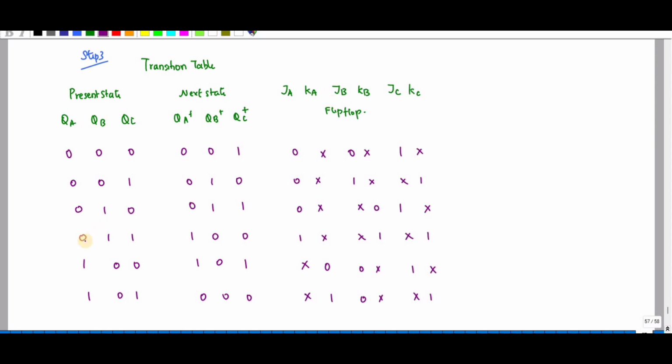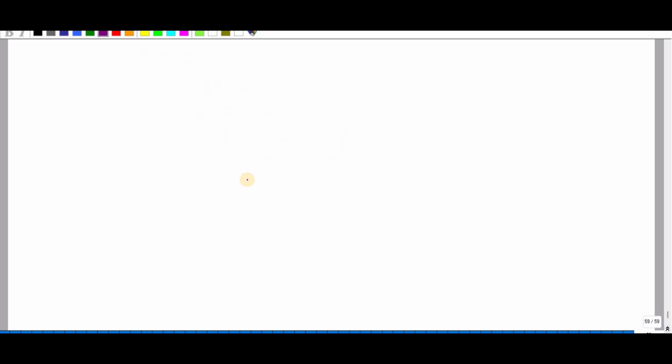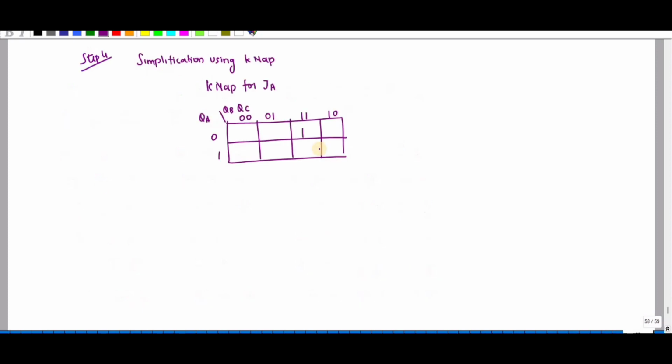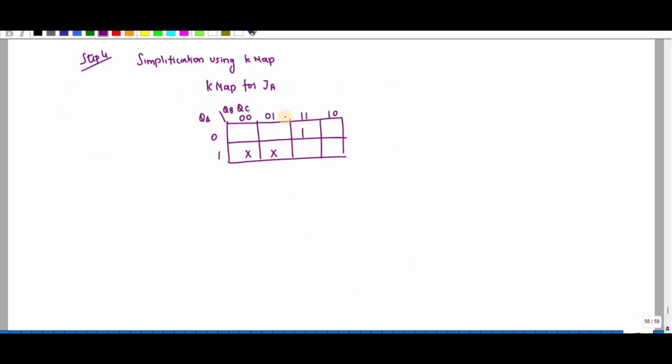So for 0 1 1, J is 1, and for 1 0 0 and 1 0 1 it is x. Okay, so if I group, I can group only this one. So what is the value of JA? JA is equal to QA bar QB QC.